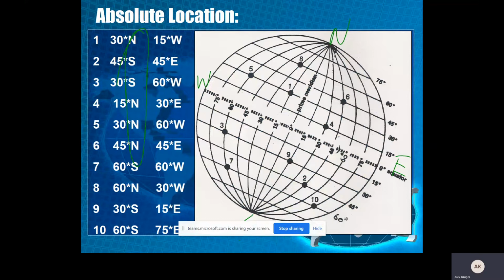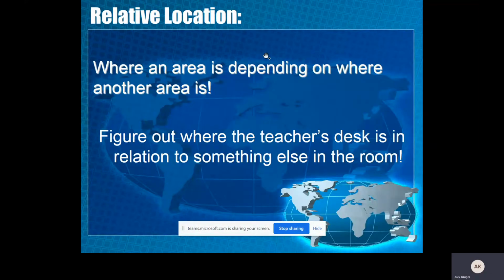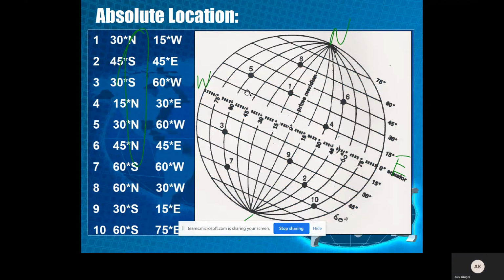And as you remember, no doubt, you can use these degrees and these ones to create a grid system over the world, and then any place within that grid falls within these degree markers.